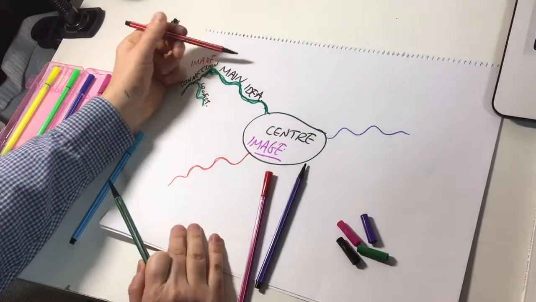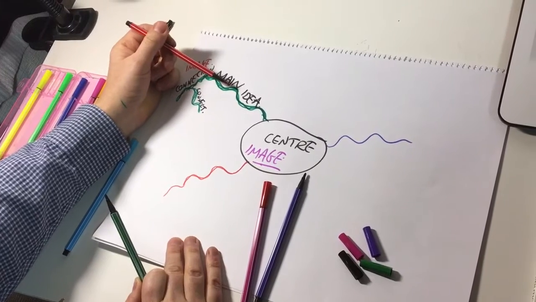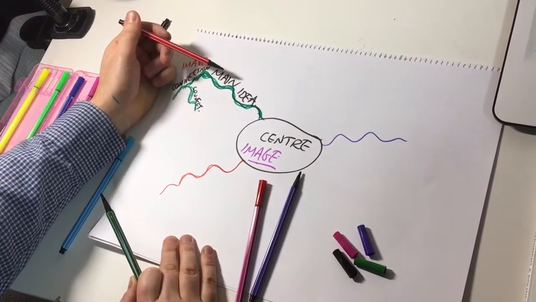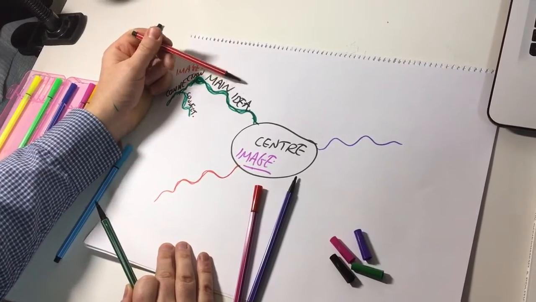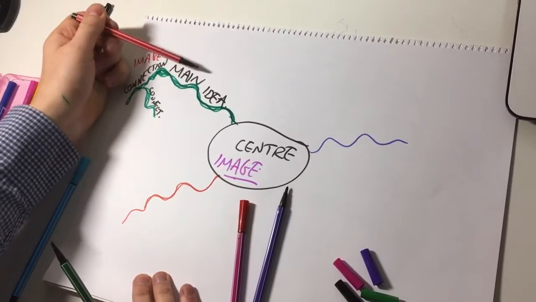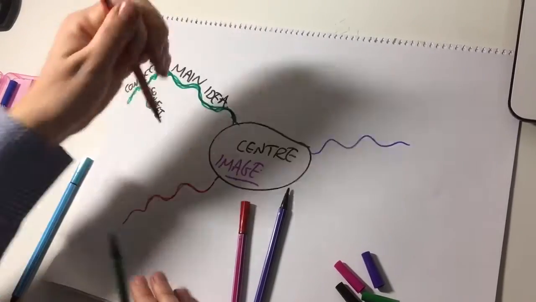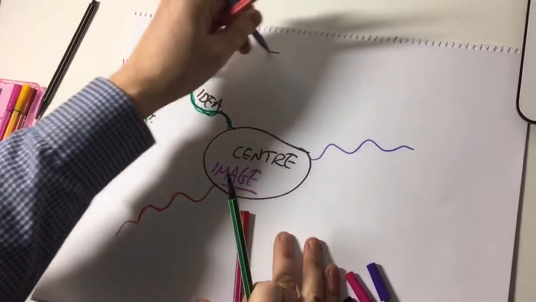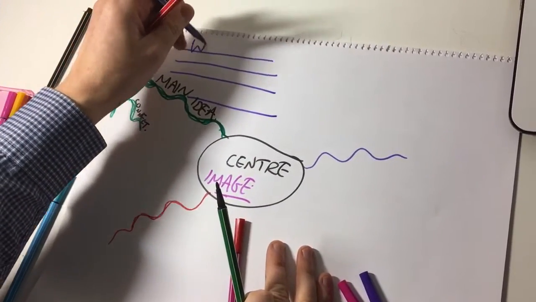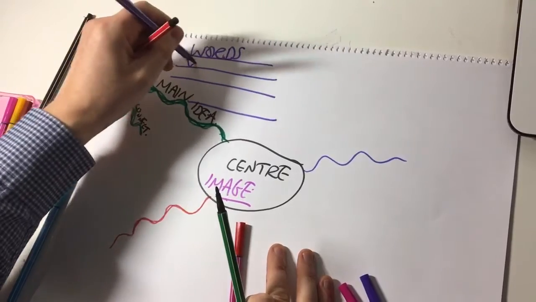So one keyword per line, or maybe a phrase per line, is really important here, because it gives you more flexibility and more room to put the images in and put other smaller ideas, so you can create a lot of ideas around it. What we're not doing on this main idea is writing five or six lines of words.